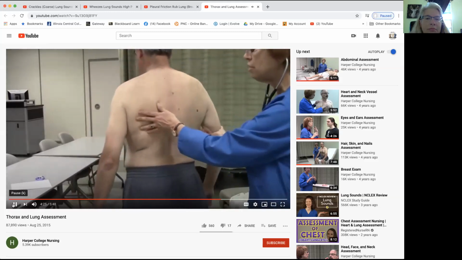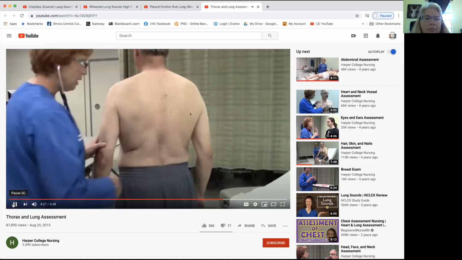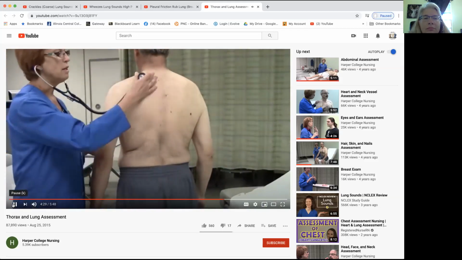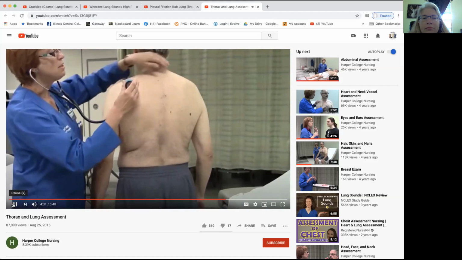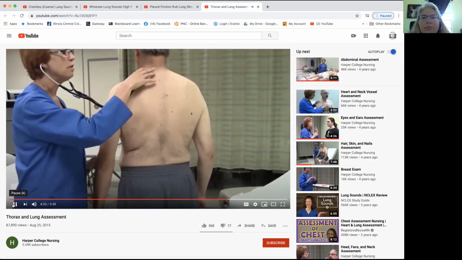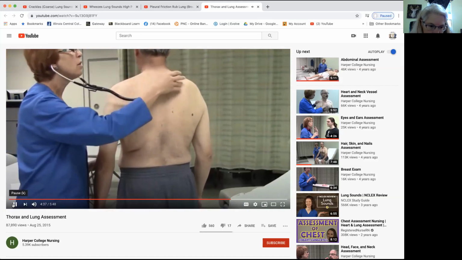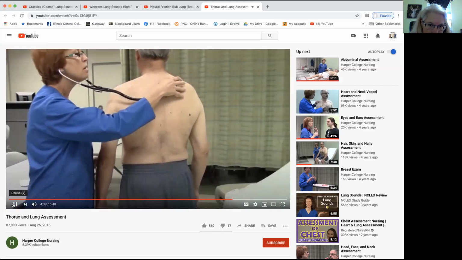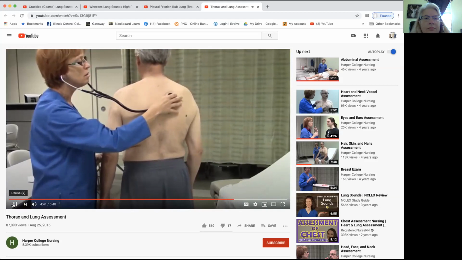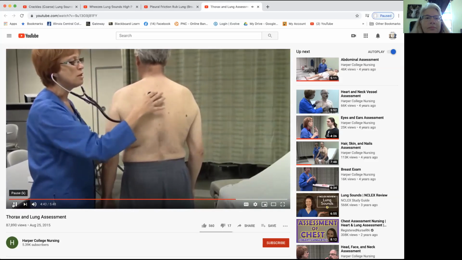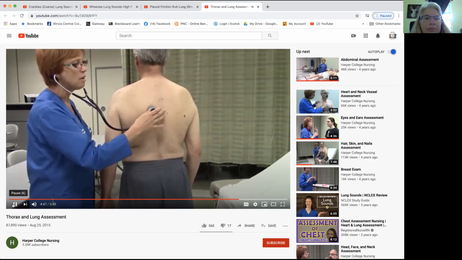Then posterior, we're going to listen starting at the very top. The apices of the lungs come way up here. A big breath. Open your mouth and breathe in and out through your mouth. I compare side to side, and I'm going around the scapula.